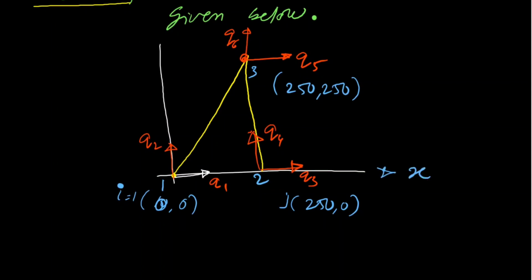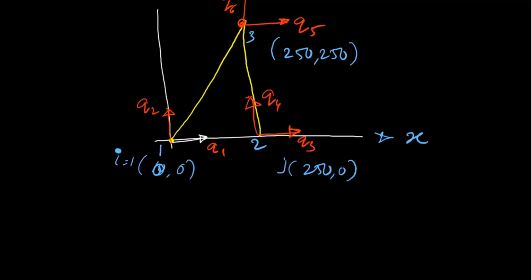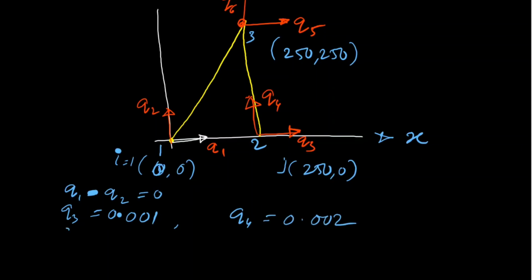So what are the displacements given in this question? Displacement, like you have q1 to q6: q1 and q2 are 0, q3 is 0.001, and q4 is 0.002, and q5 is minus 0.003, q6 is 0.002.